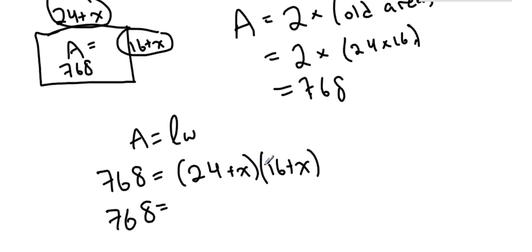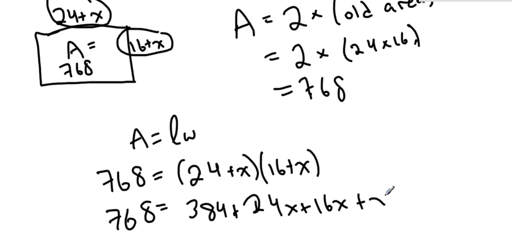So I need to do some FOIL over here so that I can start rearranging and putting things into proper format. So multiplying the first together, 24 times 16. And then the outsides together. Oops, sorry, that's not right. A little math boo-boo. Everyone does. So this should be 384. So then 24 times x, 16 times x, and x times x.